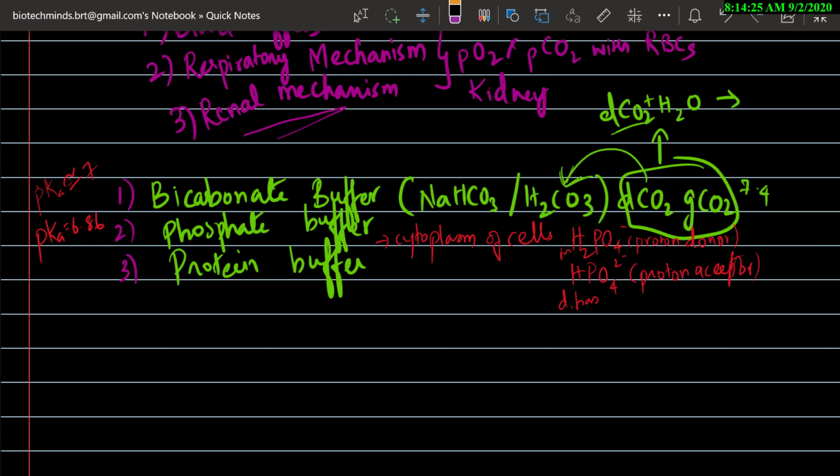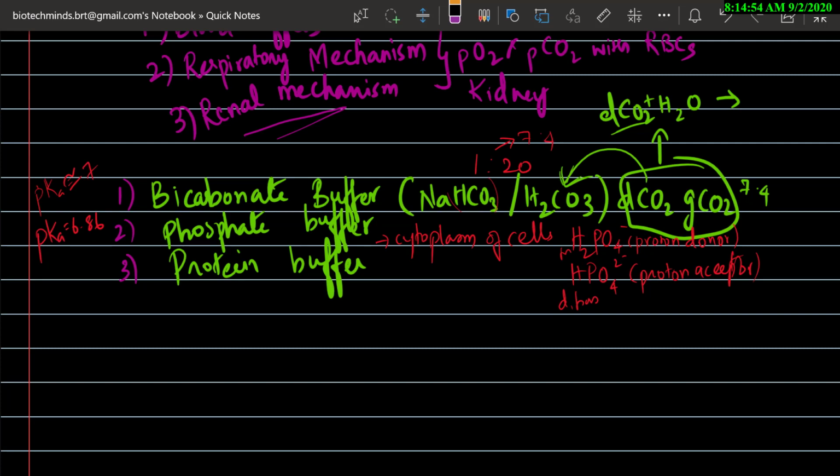In order to maintain effective buffering action for blood, these two components of the bicarbonate buffer have to be maintained in the ratio of 20:1. So 20 parts carbonic acid and 1 part sodium bicarbonate. This ratio has to be maintained in order to preserve the blood pH of 7.4.